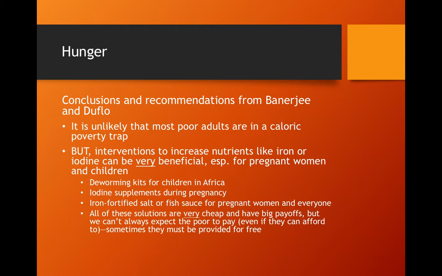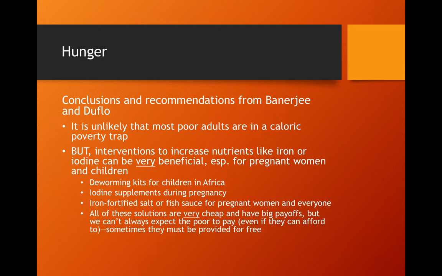So what Banerjee and Duflo have done in this chapter is really knock down some of the most important assumptions underlying the calorie poverty trap. So just to kind of recap what we've said about this, the first idea is that the poor are going to spend more on calories if their spending power increases.